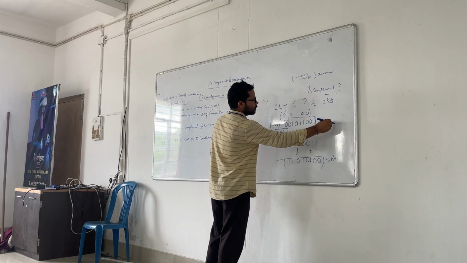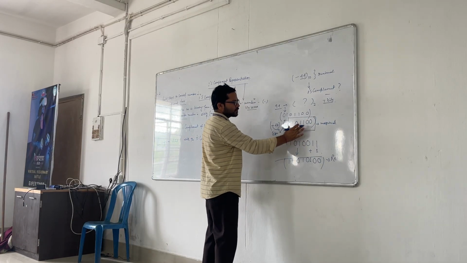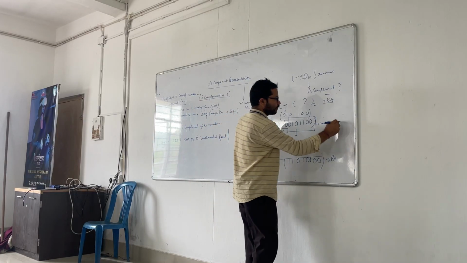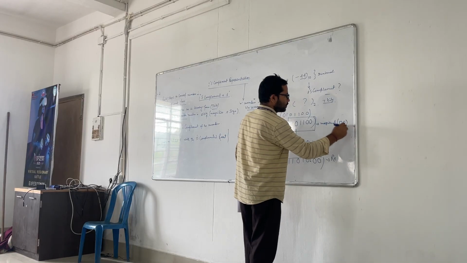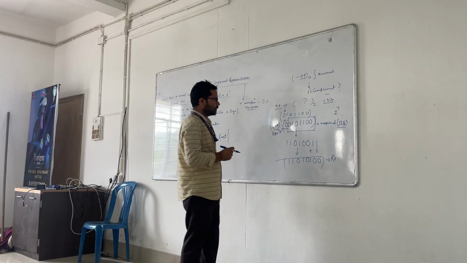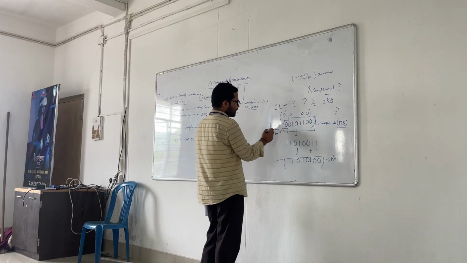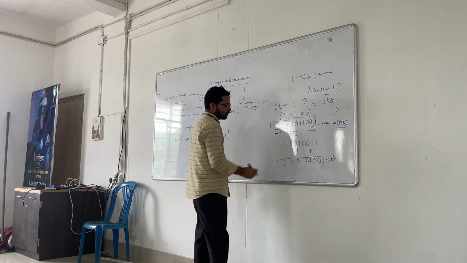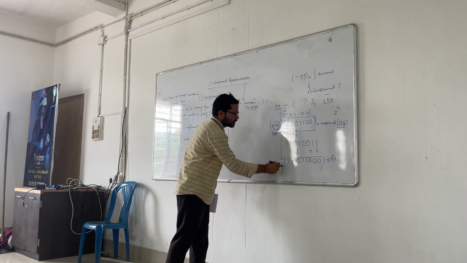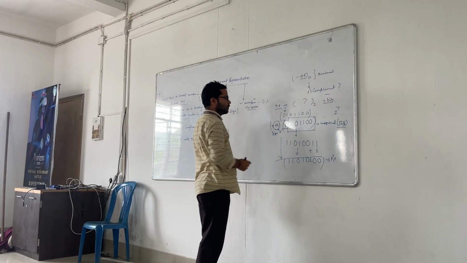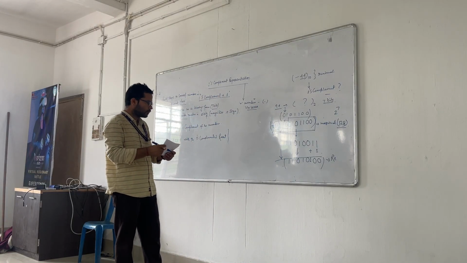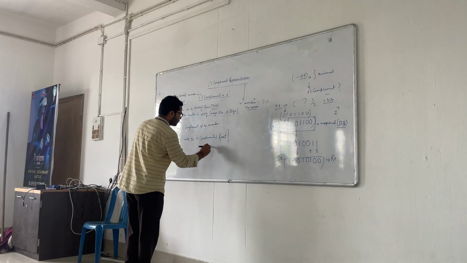By using 7 bits, you can represent a maximum of 128, that is 2 to the power 7. So it can easily be represented. So this is the two's complement representation of minus 44. In this way, you can solve for 64.